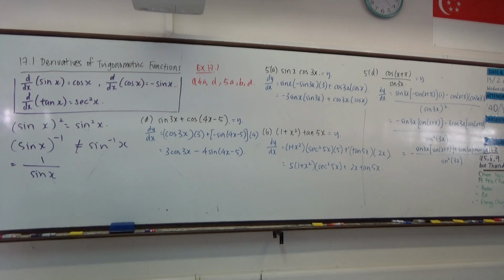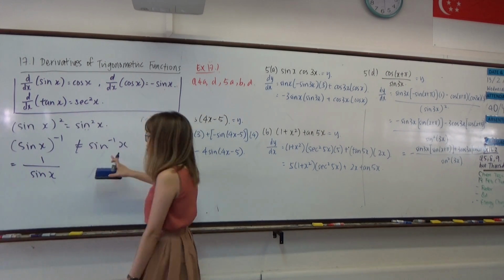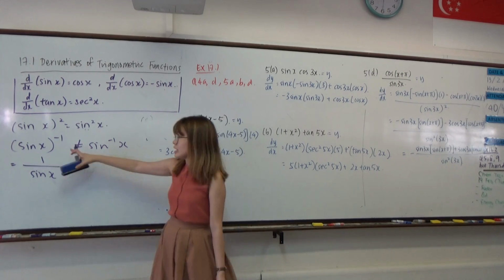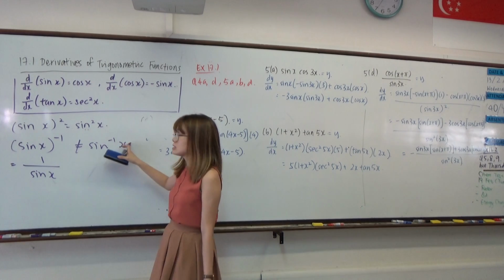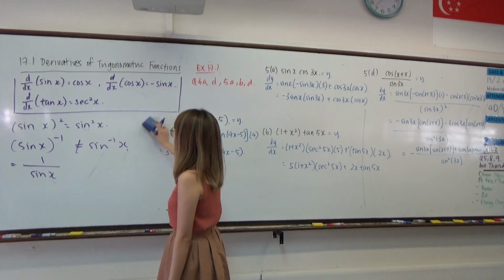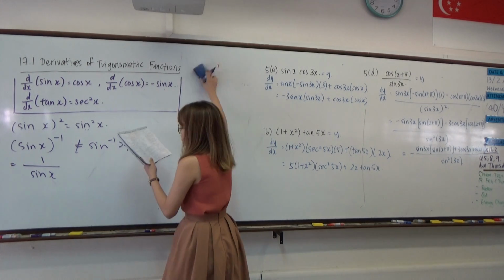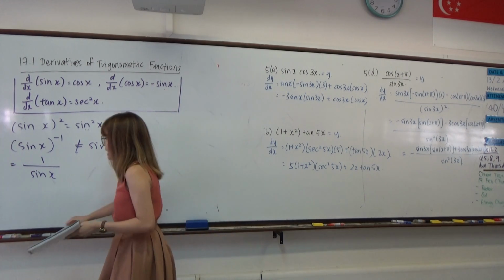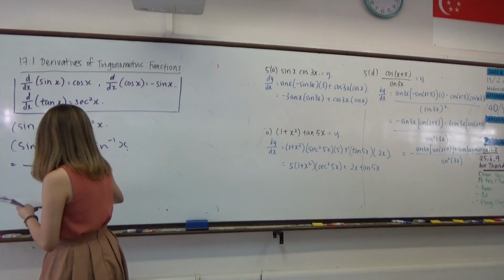I hope we are all clear about how these trigo functions work. The power negative 1 is a power, but sine inverse is an inverse, which will find you an angle. Looking at how power rules apply, this is very important. Let's look at try 4.